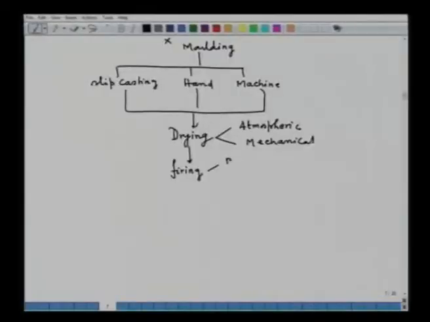Now, the time temperature schedule of firing is very important. You have to fire between 1250 to 1600 degrees Celsius, depending upon the material under production, and one can have batch or continuous firing.